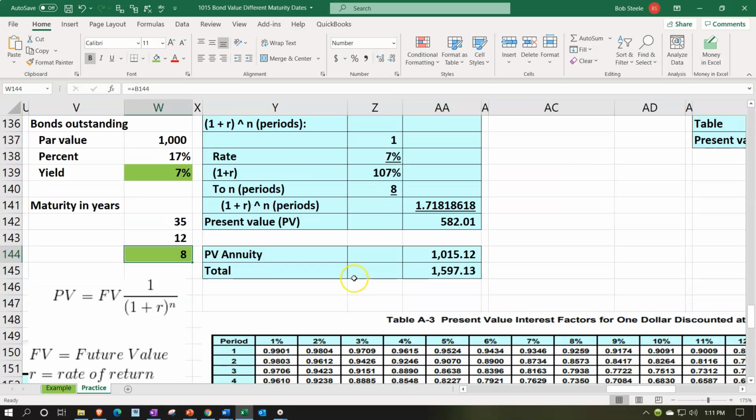Obviously the payments that are further out into the future have less value to them, but you're going to have more payments basically out into the future. As you have a longer term here, as we increase like 35 compared to 8, that also means that the principal portion is going to be less. So you're going to have more annuity payments. That principal portion of the bond is going to be less at the end.